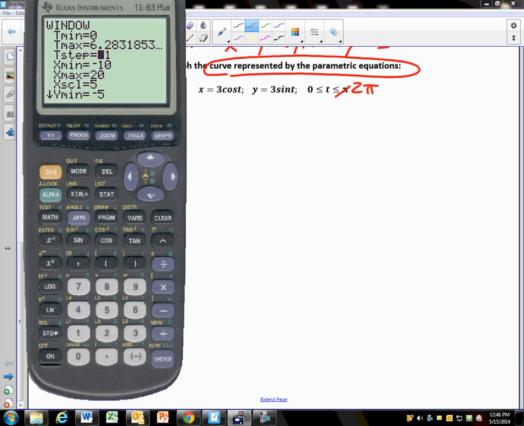Okay, let's look in a normal viewing window. We'll go negative 10, positive 10, 1, negative 10, positive 10, 1, graph.